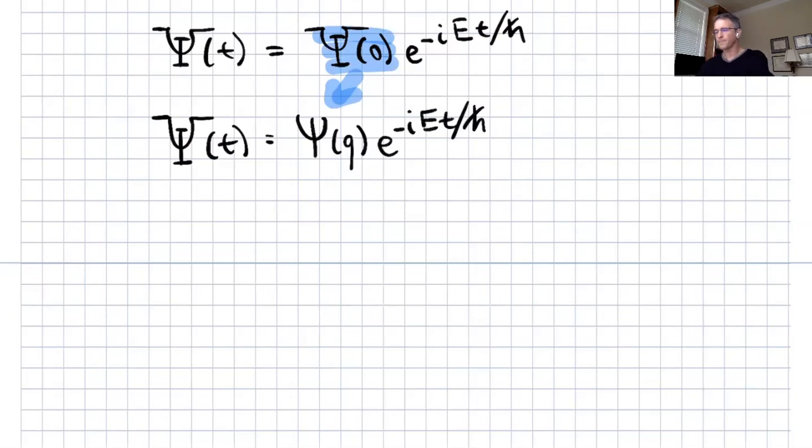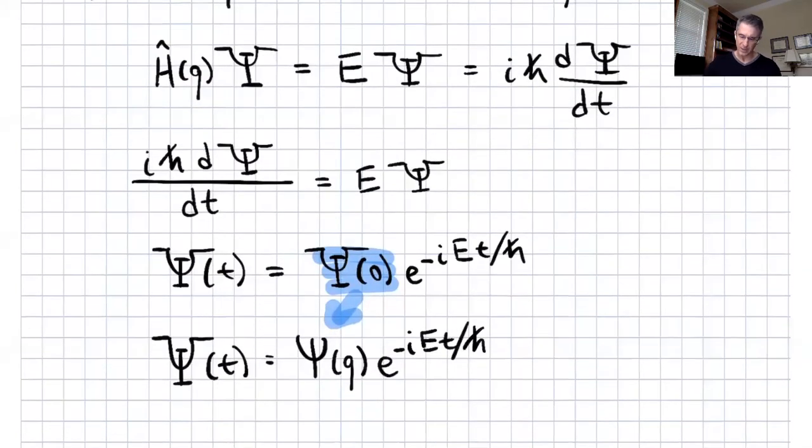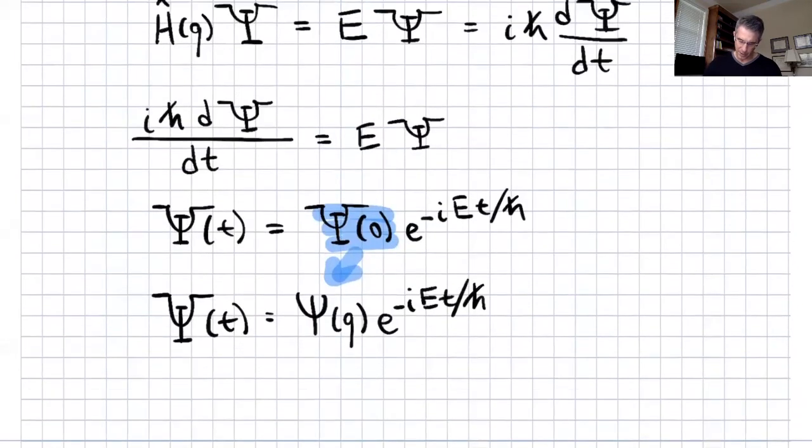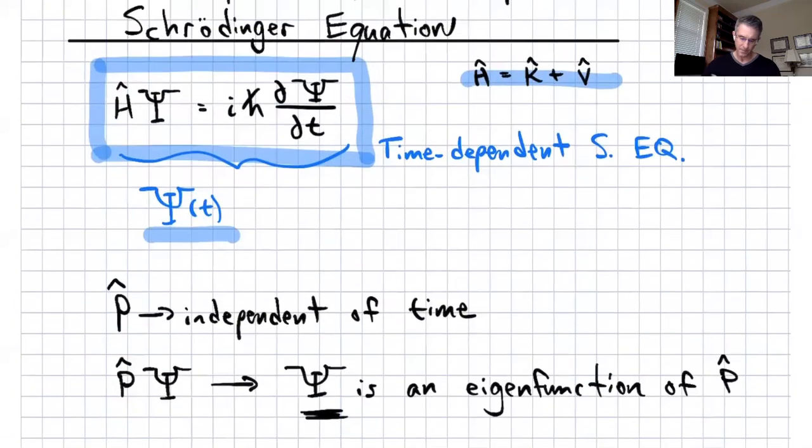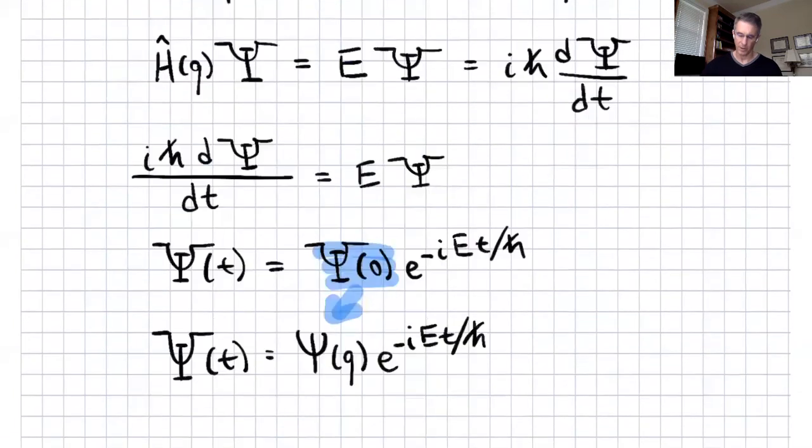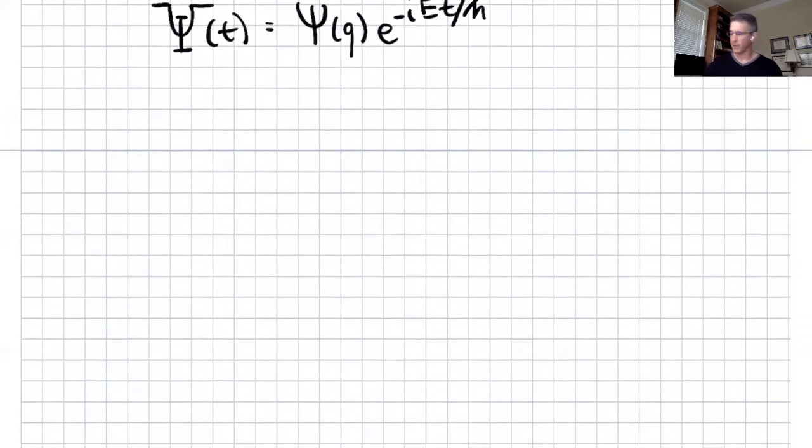That's kind of cool, because what that means is that if that's the description of our wave function, a wave function that satisfies this condition, that is an eigenfunction of this time invariant Hamiltonian, then you can take this expression and plug it back into the time-dependent Schrodinger equation.